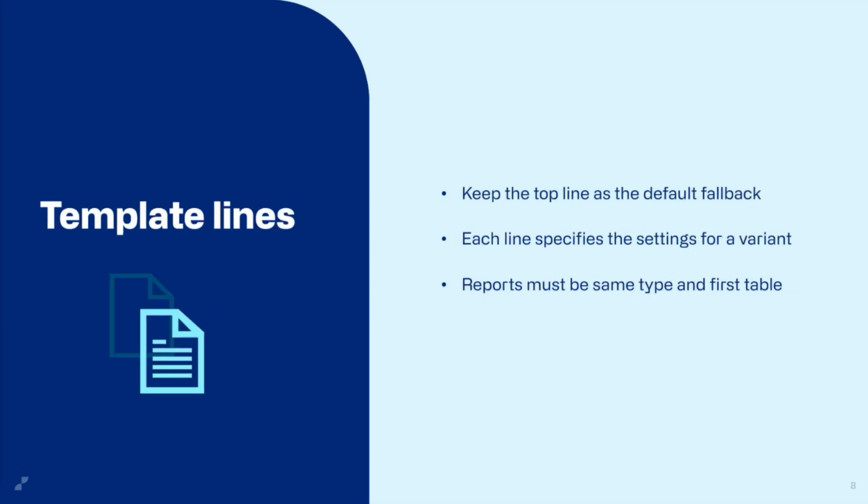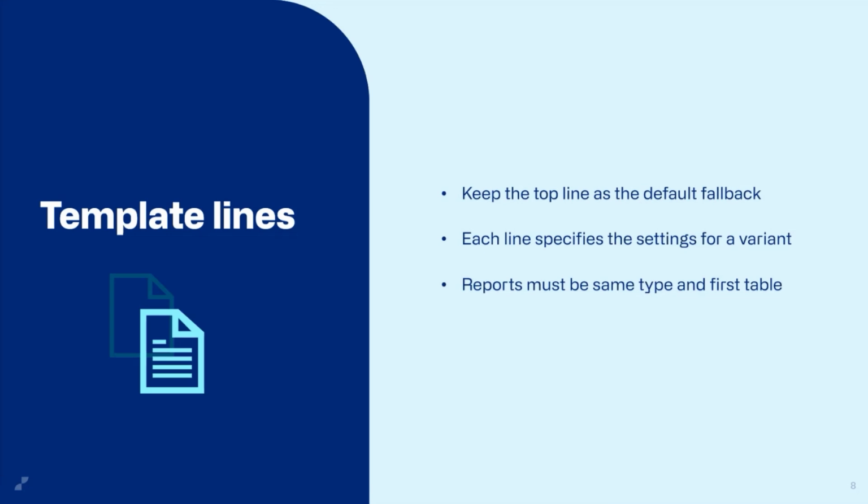So for working with the variants, there are a couple of things that I think are important to keep in mind. One is that the template lines are the lines where we manage each variant, so each version of the message.